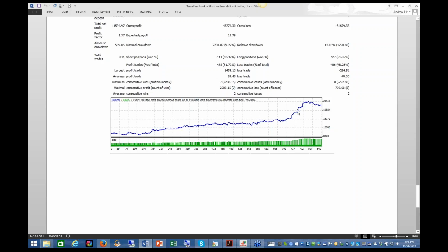It's had a nice long up curve, but it's really going down. Or you can say, overall, this strategy has had a maximum drawdown of only about 12%. So we've probably had that drawdown here.